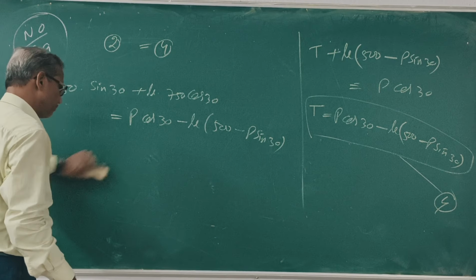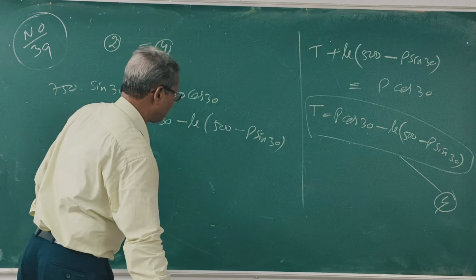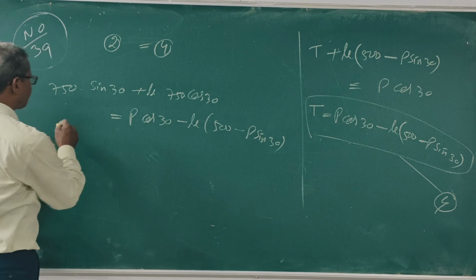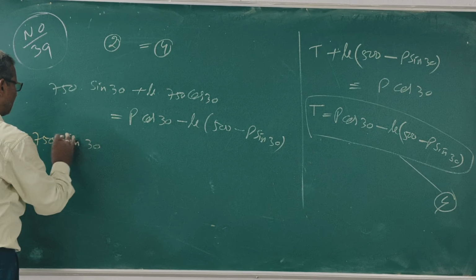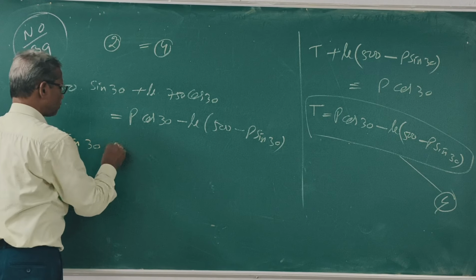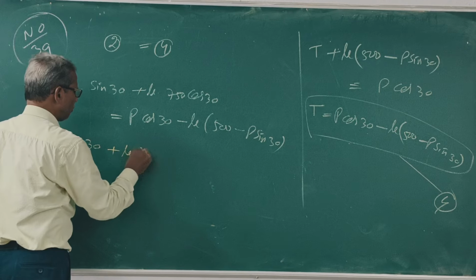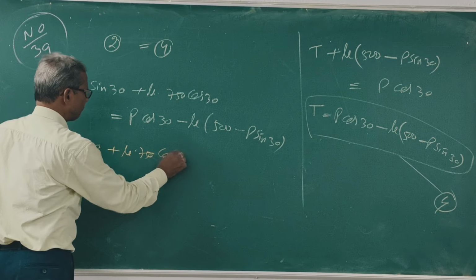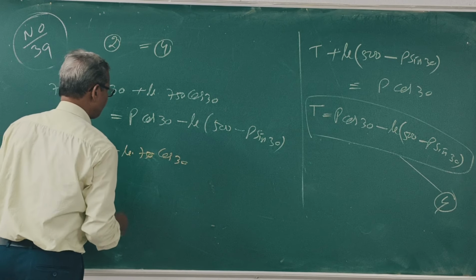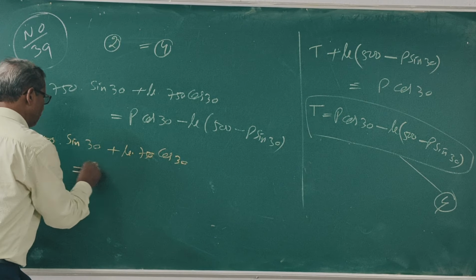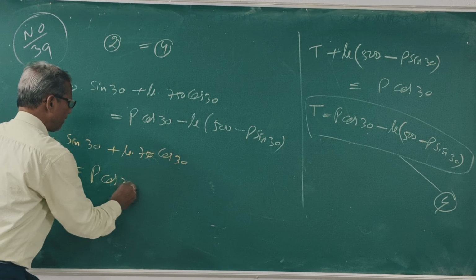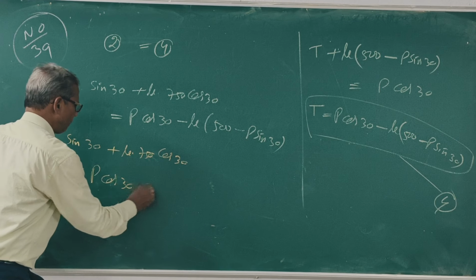Now, 750 sin 30 plus mu into 750 cos 30 is equal to P cos 30 minus mu into 500 plus mu P sin 30. Clear?